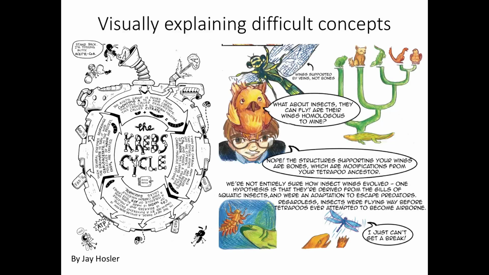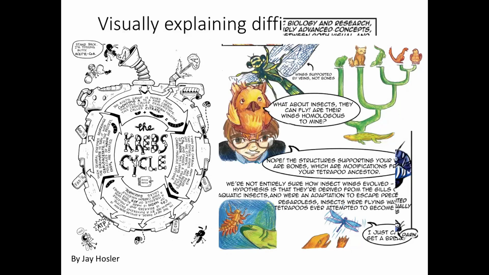So when you learn evolutionary biology and things that require an understanding of phylogenetic trees and evolutionary history, it's nice to have visualizations to go along with these kind of dense explanations. So you can take these traditionally difficult concepts in whatever your field is and incorporate them through a narration of images instead of just text by itself. And this has been shown to help students understand these relatively difficult concepts.